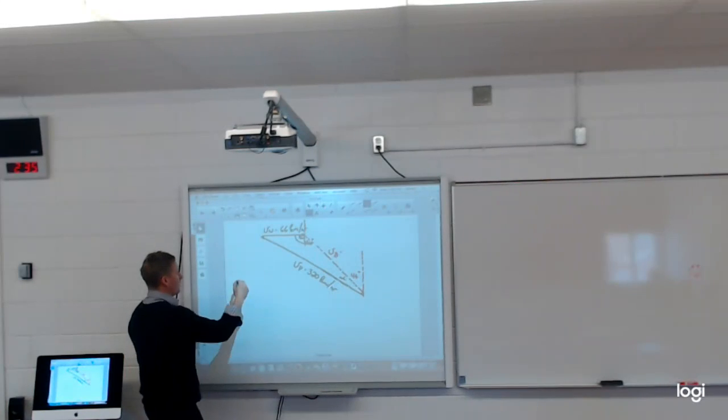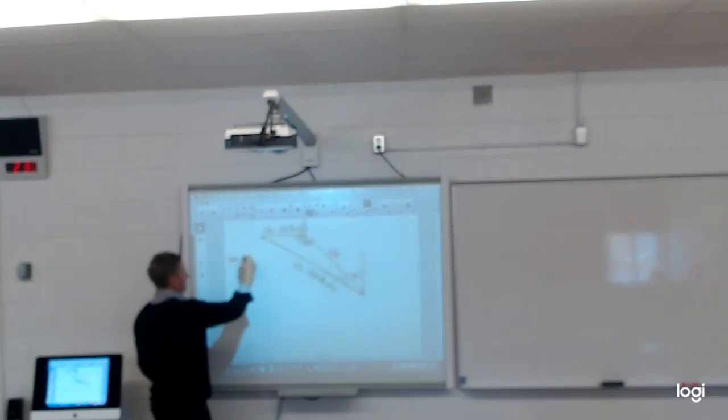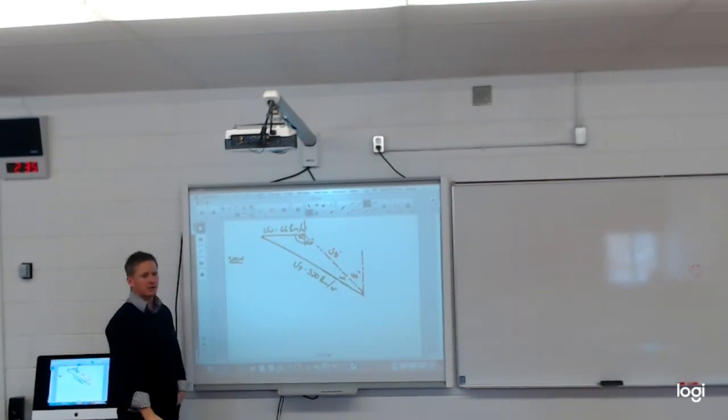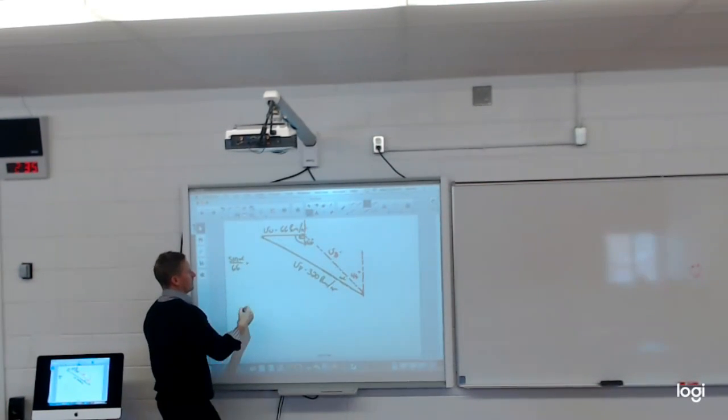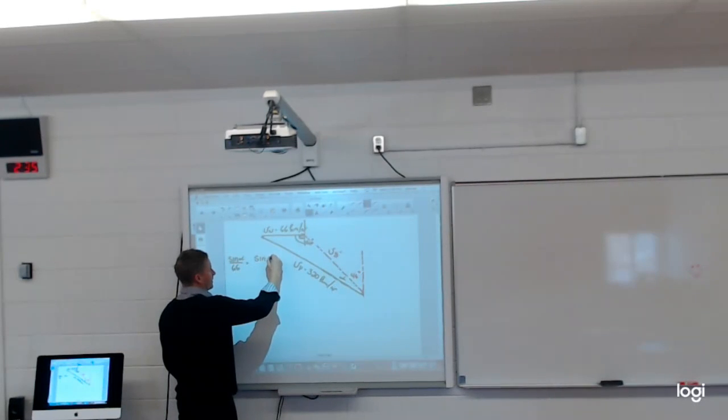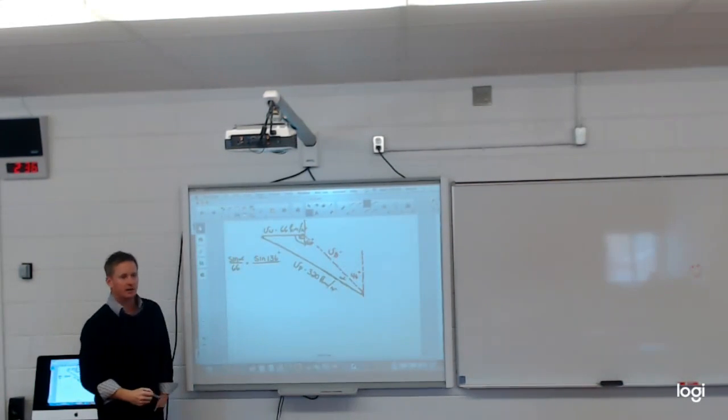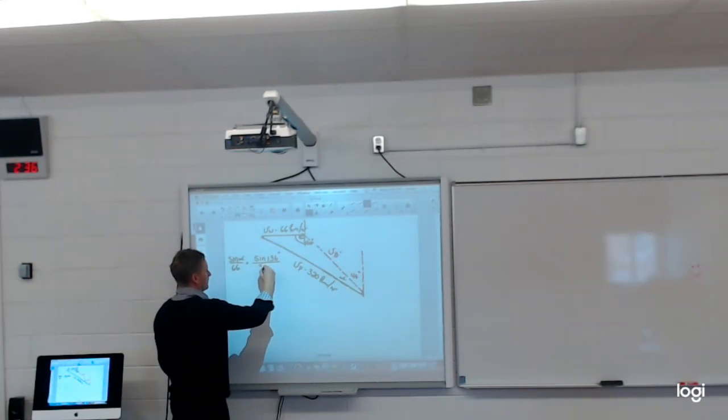So let's find out what alpha is. Sine alpha over the length of the side across from alpha, 66. My other angle is 136, and the length of the side across from it is 320.